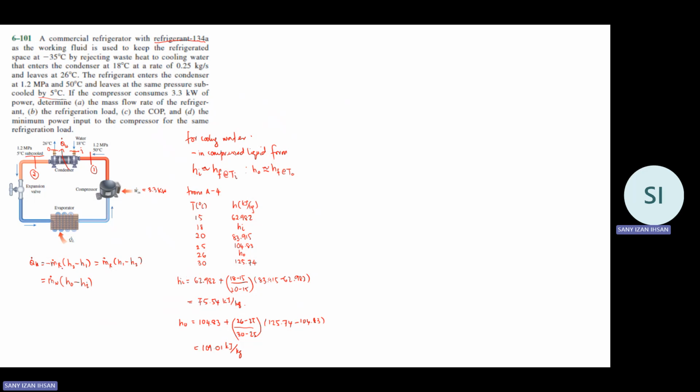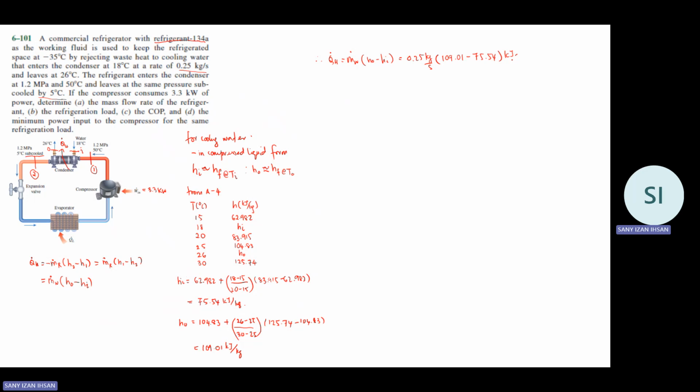We have m dot W given as 0.25 kilogram per second. So you can find QH dot. Therefore, QH dot is nothing but m dot W times H out minus H in: 0.25 kilogram per second times H naught, 109.01, minus 75.54.